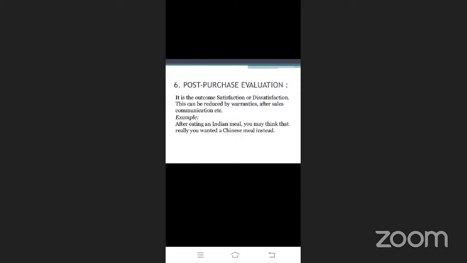So in post purchase evaluation, after purchasing you evaluate: it is good, it is not good, I should not have bought this, I should have bought the other one, or if you liked it then you will give positive feedback on it. So all these are stages in the process of consumer purchase behavior.